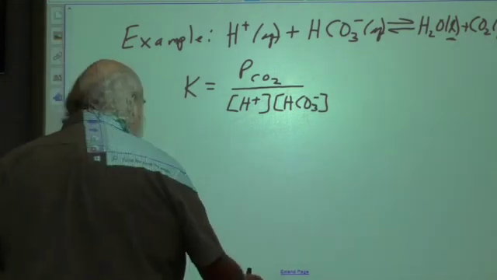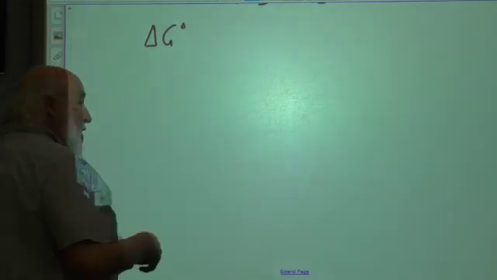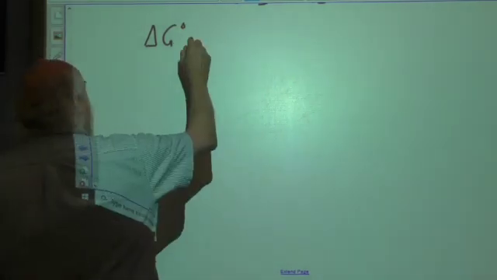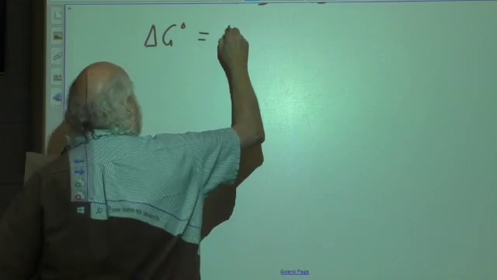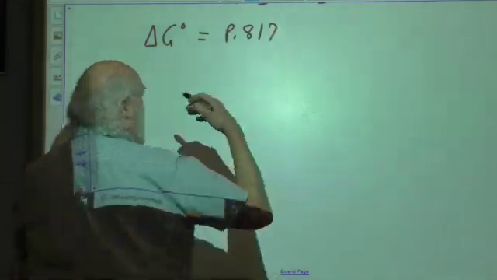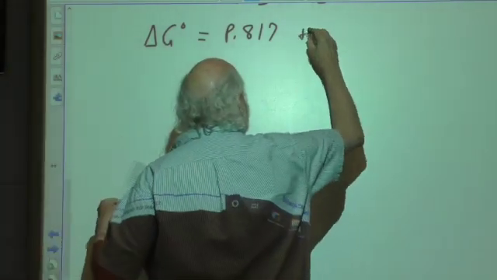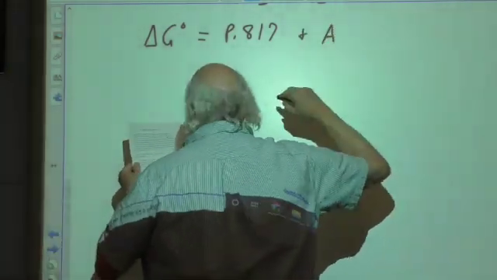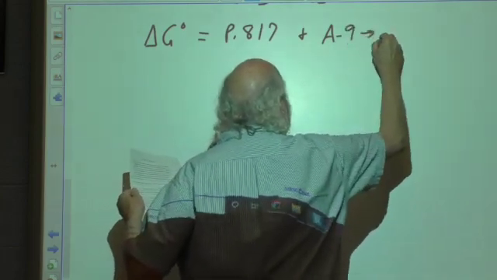Okay? Now, in your book, you have a bunch of values for free energy, delta G at standard conditions. It is on page 817 in the chapter that we're dealing with here, and in the appendix at the very end of the book, on pages A9 through A15.